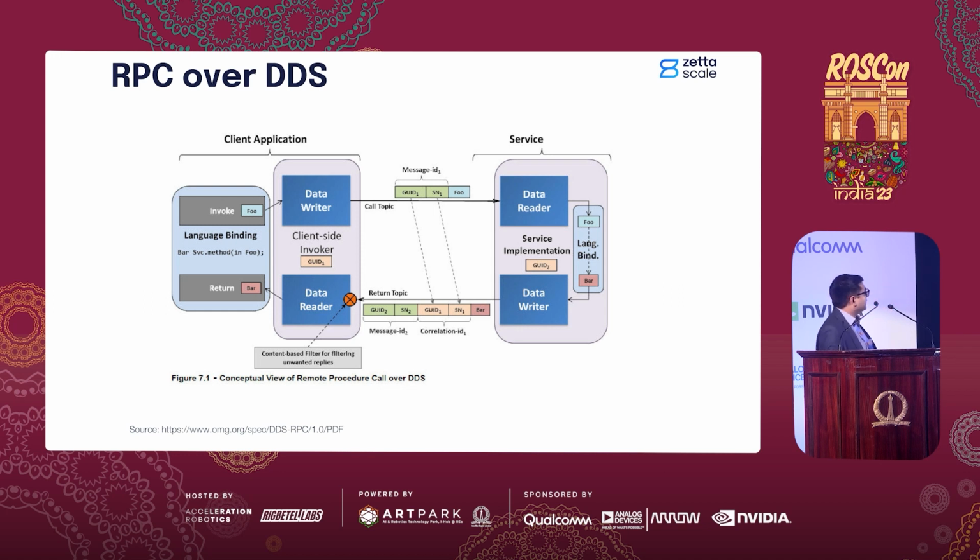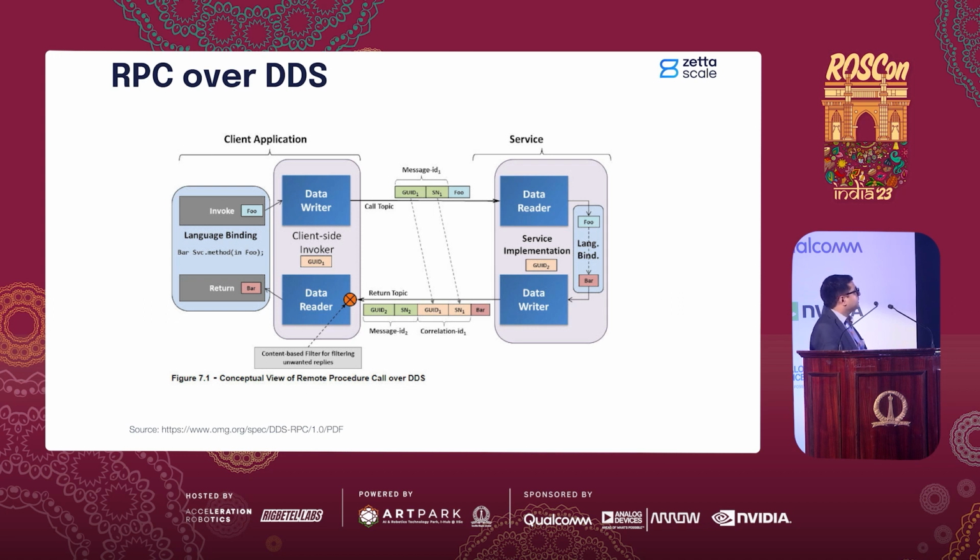So in this diagram you can see if you want to use RPC over DDS, then you have to create request and reply topics and the corresponding data readers and writers. And when your server is connected with multiple clients and the server sends the response to a client, it goes to all the clients because DDS has an asynchronous way of communication.